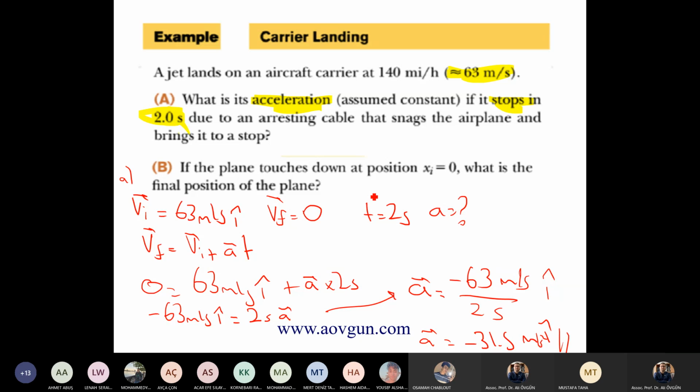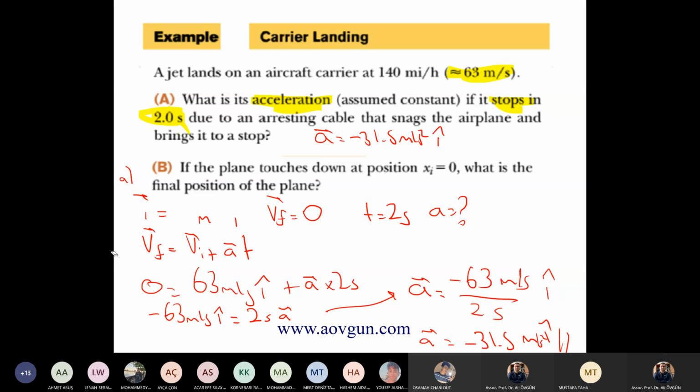And part B: if the plane touched down at position x initial 0, what is the final position of the plane? So how can you find it? We found that A is equal to minus 31.5 meters per second squared i hat. Now you must use the position vector.